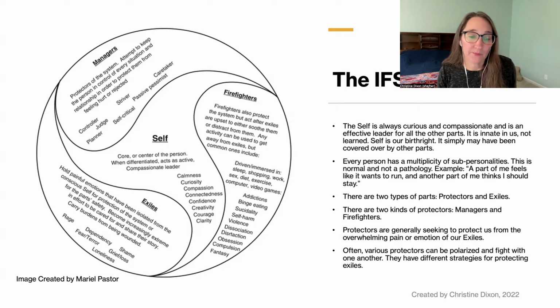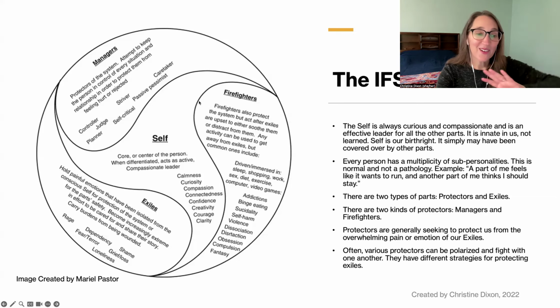So when you have a burdened system, those polarized parts, one or both, are going to be very extreme, and you're going to feel stressed and anxious, or maybe completely shut down and collapsed, right? That could also be a possibility.